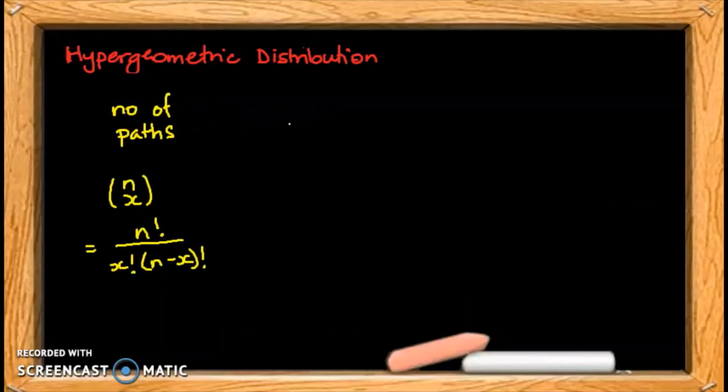Now let's have a look at this factorial business to work out what that means. So let's have a look at what n factorial means. N factorial equals n multiplied by 1 less than that number, multiplied by 1 less than that number, multiplied by every number down all the way to 2 and then 1. Remember, we can often leave 1 out because multiplying by 1 doesn't do anything.